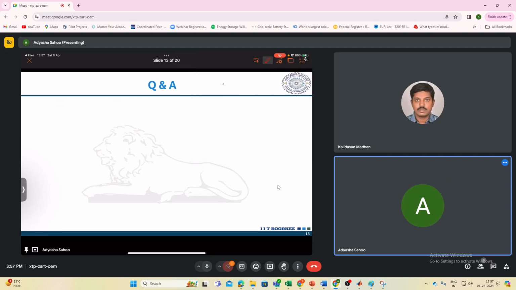Now next question is: a 60 hertz small system consists of 5 identical 400 kVA generating units feeding a total load of 1 megawatt.